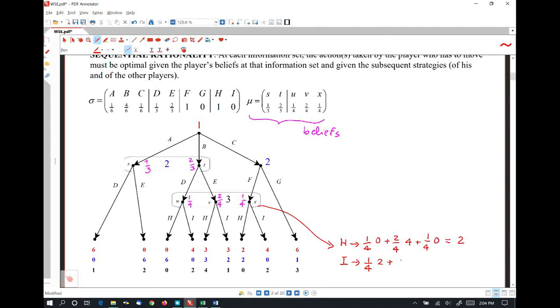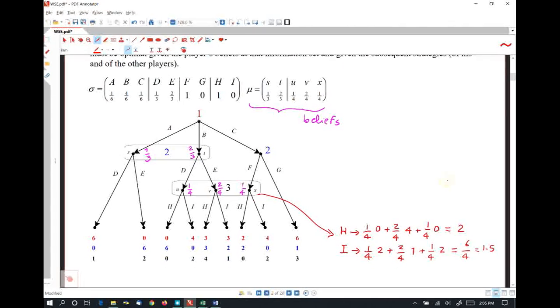With probability 2/4, he's playing I at node V, where he gets a payoff of 1. And then with probability 1/4, he's playing at node X, where he gets a payoff of 2 by playing I. So we have 2 plus 2, 4, 6/4, which is 1.5. And so given these beliefs, H is the best choice, right?